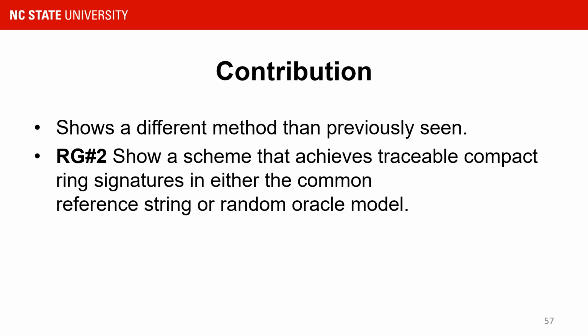And then finally, just to make sure that this is clear, the way that I achieve that compact ring signature size is by using a technique very similar to my second work, where I hash the ring description into a tree. Previously we had the somewhere perfectly binding hashing, and that's very similar to what we do here with a Merkle tree. They're more or less the same thing. So that's it.